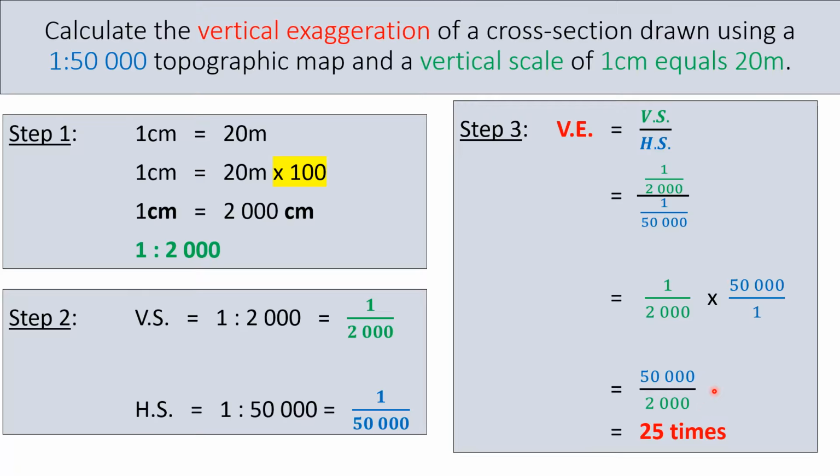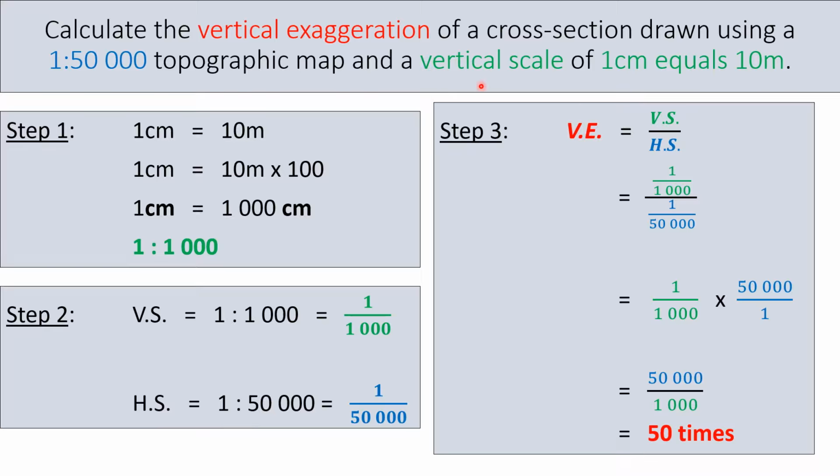When you divide these two values into each other, you get an answer of 25. At this stage, it's important to remember to add the word times, 25 times, and what this tells you is that a scale of 1 is to 2000 is 25 times bigger than a scale of 1 is to 50,000.